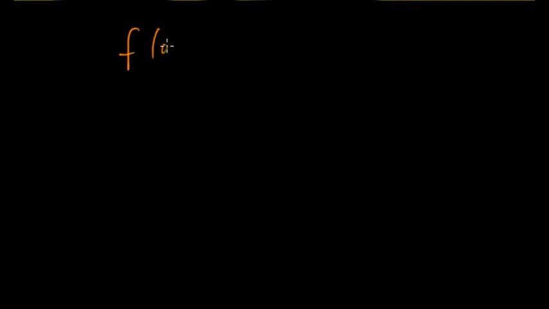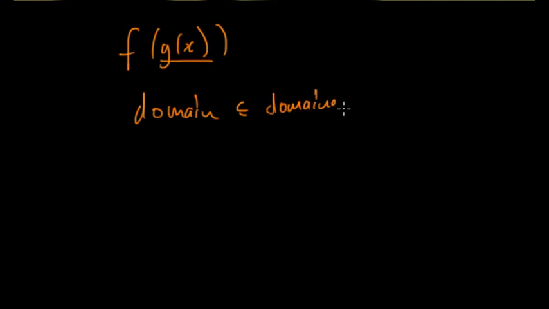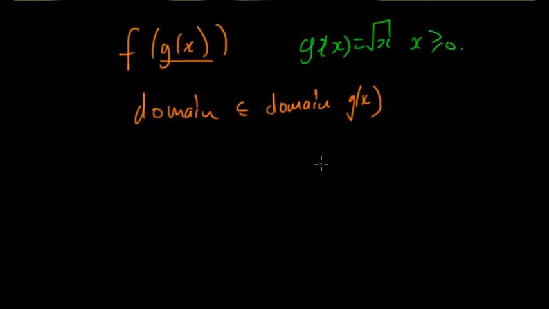So looking at f of g of x. Well, firstly, looking at the domain. The domain has to be a subset of the domain of g(x). And the reason for this is because if g(x) is, let's say, equal to square root x, then x has to be greater or equal to 0.